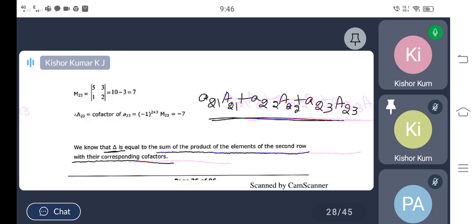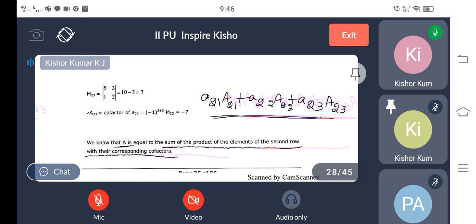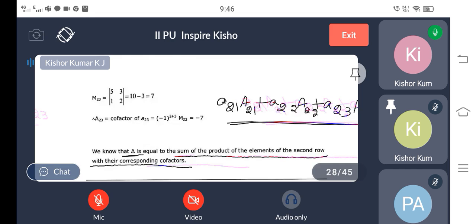So now we know all these values. We just have to substitute them, because we already know the second row elements and we have calculated the cofactors.